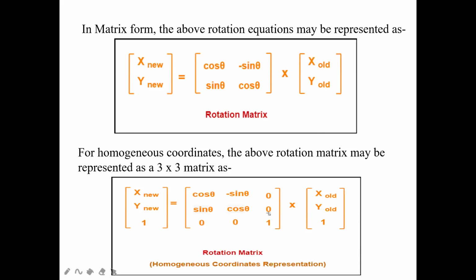The rest of the values you can put as 0, multiplied with x old, y old and 1, because the z-axis we are considering as 1. It is a homogeneous coordinate value. That is the main thing you have to remember. Here I am considering homogeneous coordinate values, and there it will be a simple matrix form. These are the differences between these two matrix forms.